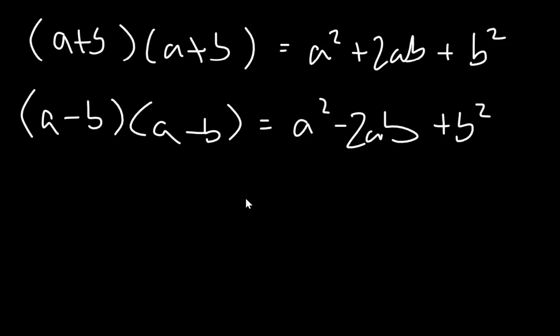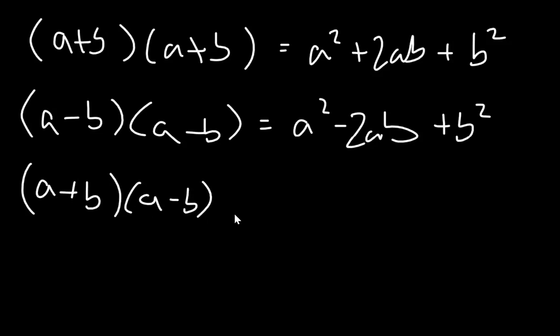Alright, the next one we're going to learn about is A plus B times A minus B, or vice versa, A minus B times A plus B. But that is equal to A squared minus B squared, right? Because A times A is A squared, B times A is AB, A times negative B is negative AB, so AB minus AB is 0, so they cancel out.